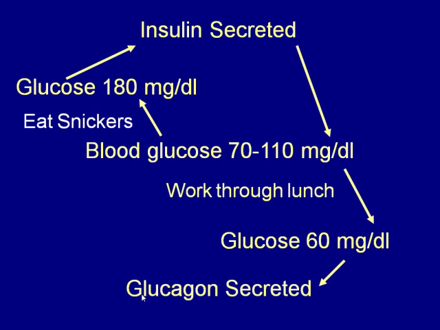And glucagon goes to glucose stores in your body, releasing glucose into your blood, so your blood glucose goes back up. So this goes on all day long. This could work the same way for blood pressure, heart rate, calcium levels in your blood. Anything you can think of is regulated by some sort of mechanism like this.